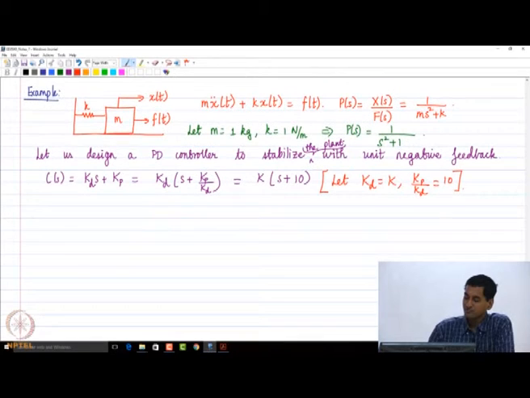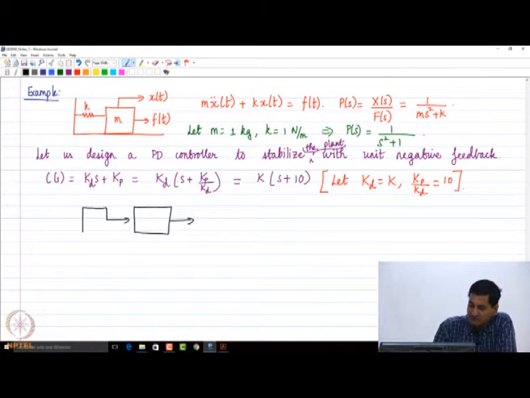So, if we were to draw the block diagram, what would that be? I have a plant with an input and an output, a controller, and a summing junction. We have a reference input R of s, this is E of s, this is U of s, this is Y of s, and then we have unit negative feedback.